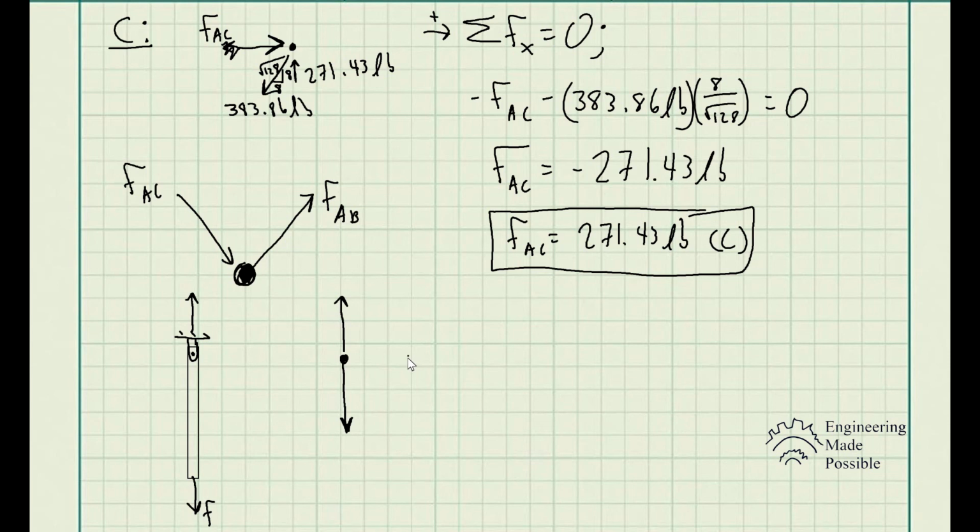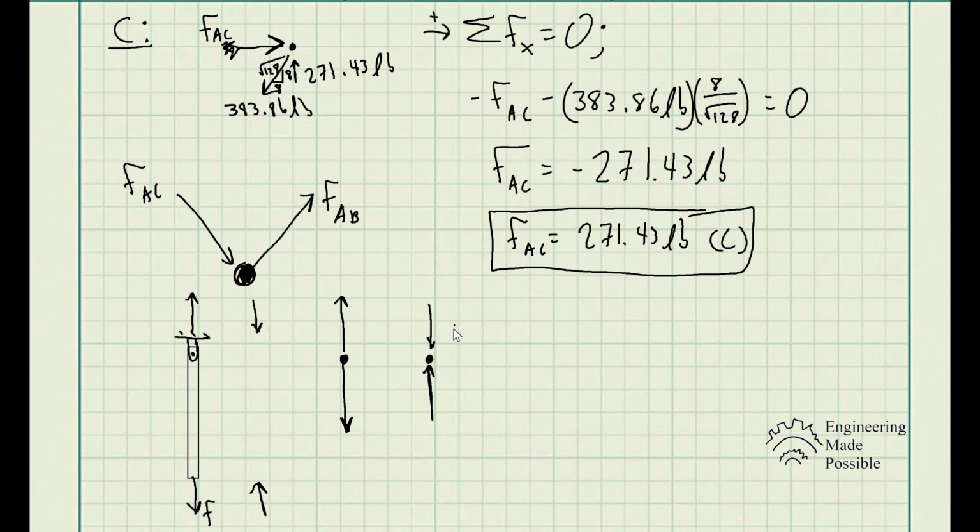Now let's say that this member was being compressed instead. In this case, you would draw that joint, and since this force would be essentially upward here, the reaction force would have to be downward. So looking at the slender member here, you would have a force going towards that joint because it's being compressed, and the reaction of that hinge is equal and opposite.